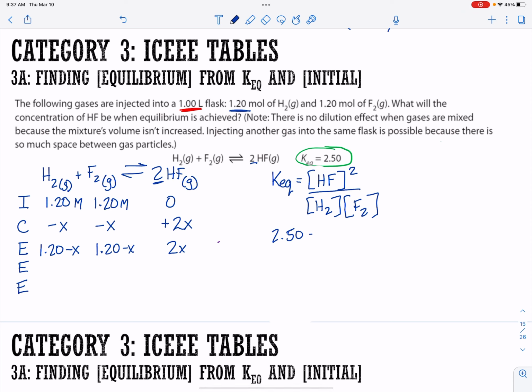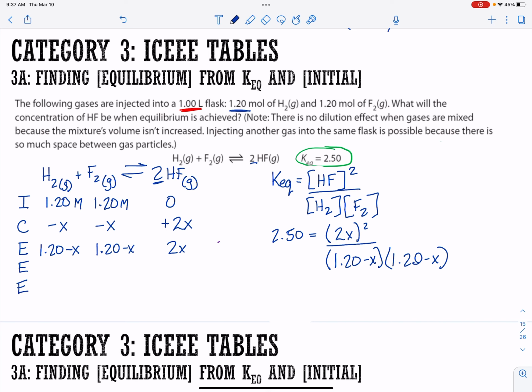So I know my KEQ. I know that that concentration of HF is going to be 2x. And on the bottom, my concentration of H2 is 1.20 minus x, and F2 is also 1.20 minus x. I'm going to rewrite this.